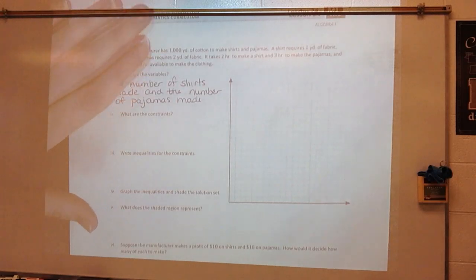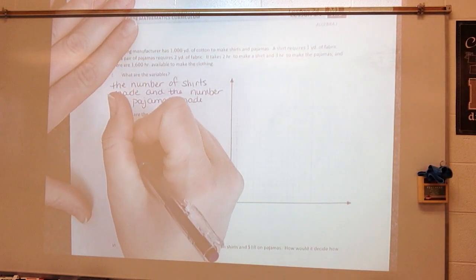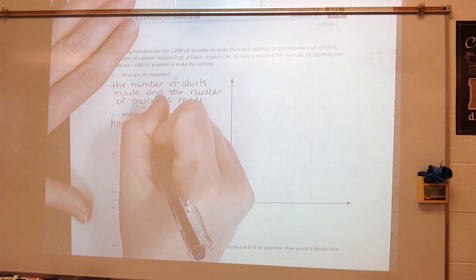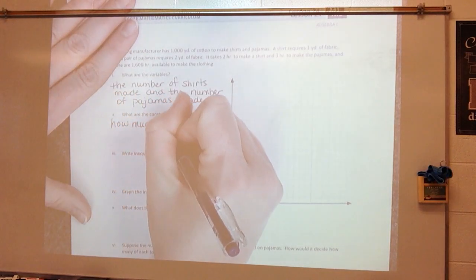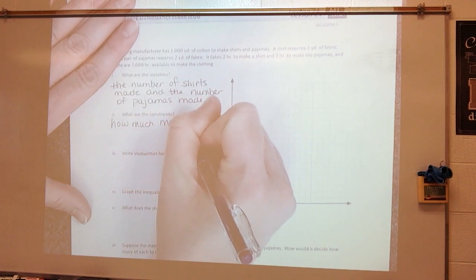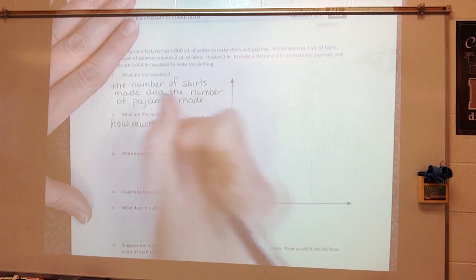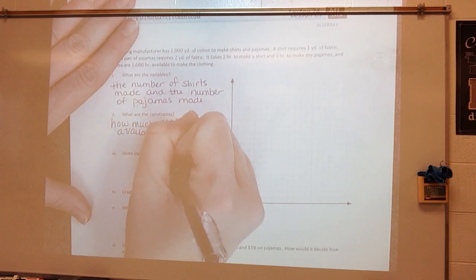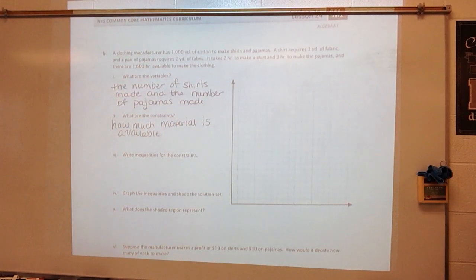So a constraint is the amount of material available. I can continue making pajamas and shirts as long as I have that material. But when I run out of material, I can't make any more.